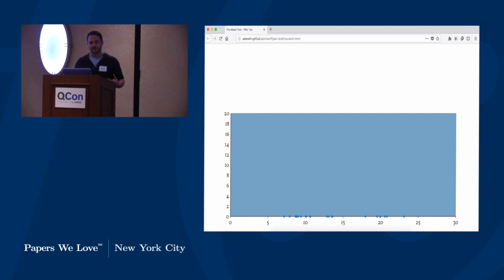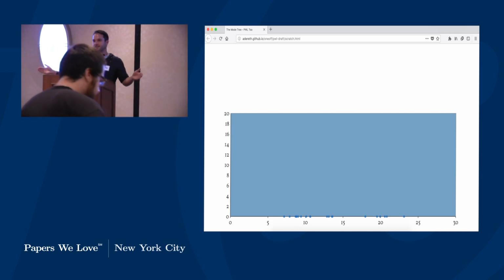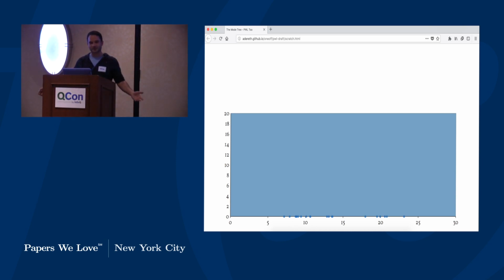We want to understand the shape of it. So maybe we make a histogram. Here's a histogram of this data. It's arguably the worst possible histogram. I've got one bucket of size 30, and all of my data falls into it, and we've learned pretty much nothing. So what went wrong here?